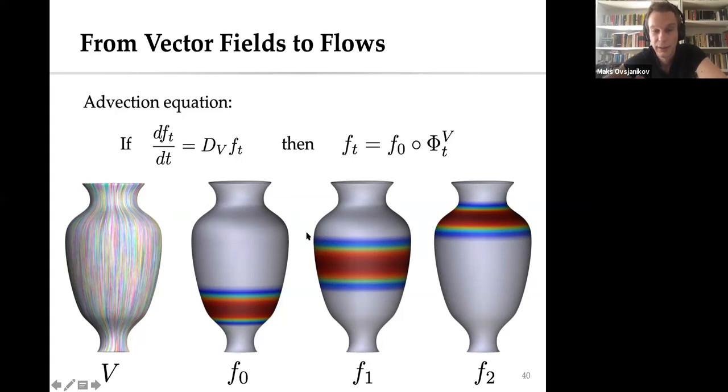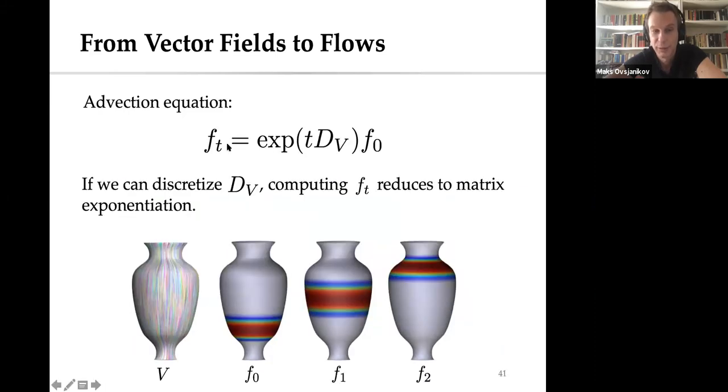And this is very nice because it can be summarized as follows. If I have some initial condition f of 0, so this is my function at 0, finding f of t at any time t is equivalent to just finding the exponential of this D_v operator applied to f of 0, right?